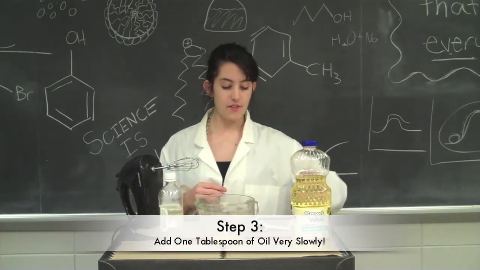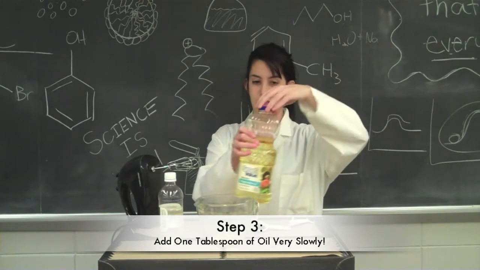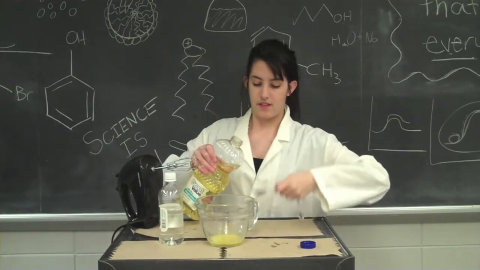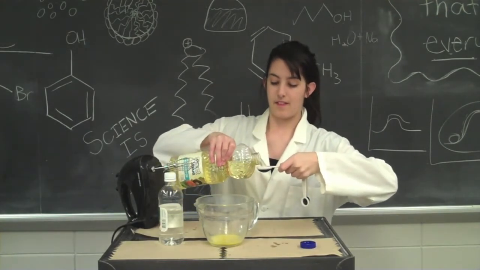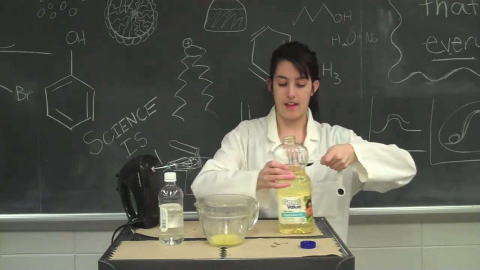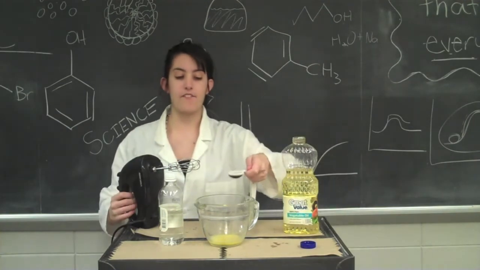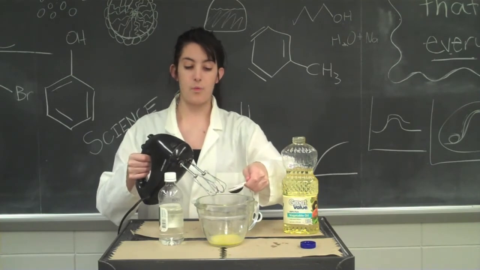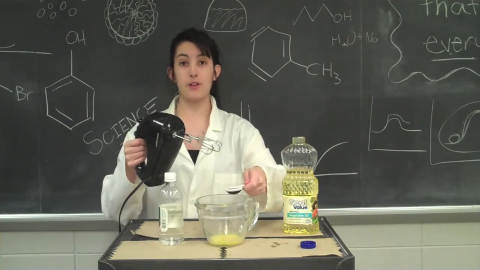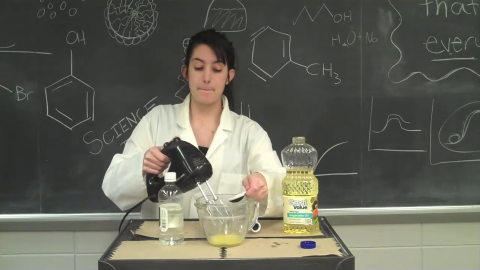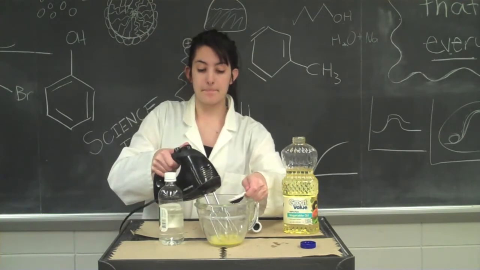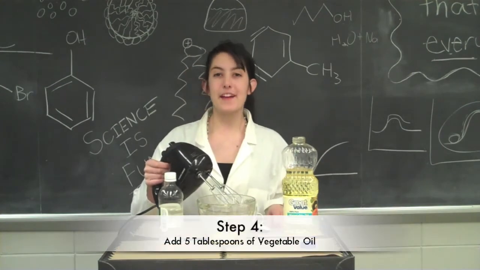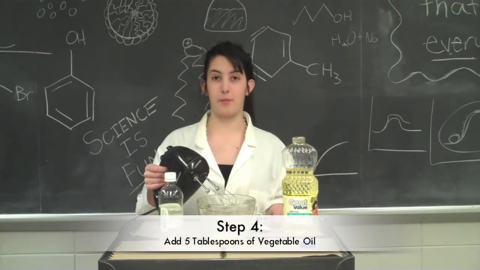So, you start off with 1 tablespoon of oil, and you pour it in very, very slowly, like I said, a drop at a time, while you mix it with your either electric beater or wire whisk. Make sure that you add 5 tablespoons in this dropwise manner.